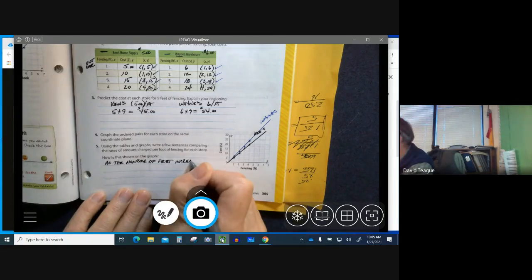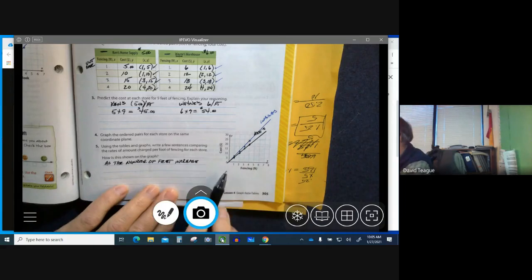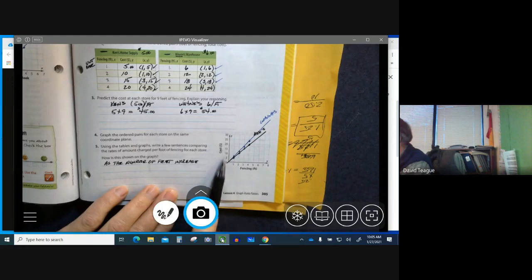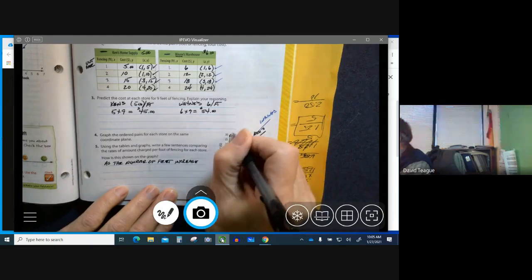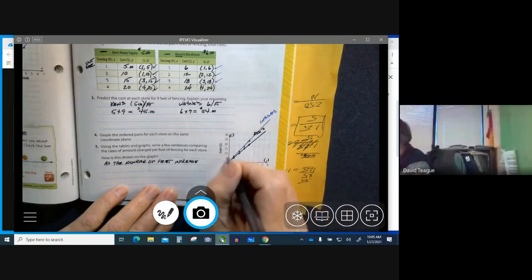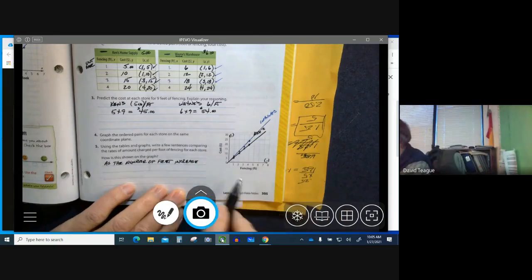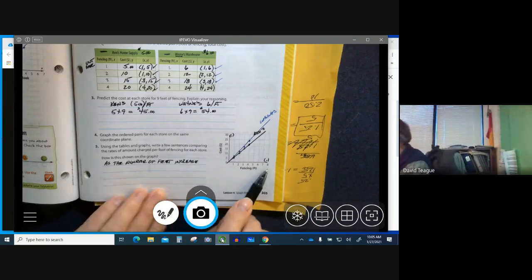A graph shows you the numbers, right? As you increase, we're going this way, the feet increase. And as we go this way on this axis, the y-axis, right, the cost increases. So as we go here, the cost more money. And as we go the farther down this line, you have more feet.